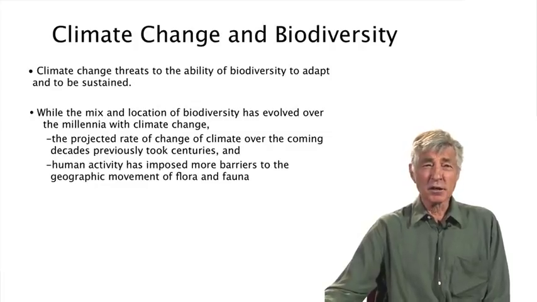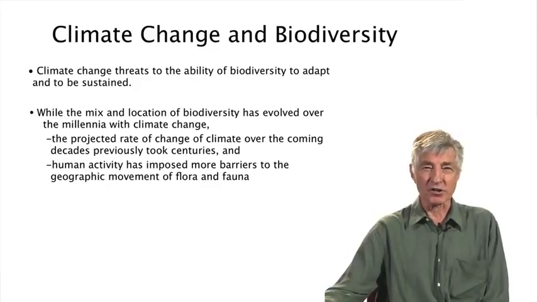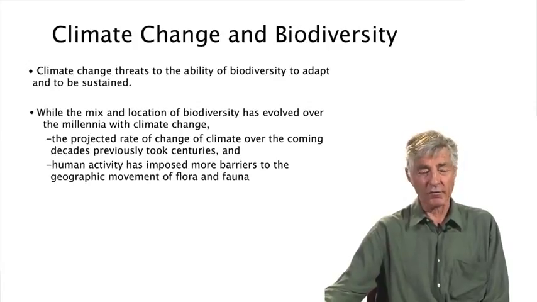And again, in historic times, national parks sort of went for the breadth of the Americas or the breadth of Europe. Now, in between our little national parks, we've got big urban areas or big agricultural areas. We've impeded the normal movement north, south, east and west of flora and fauna.